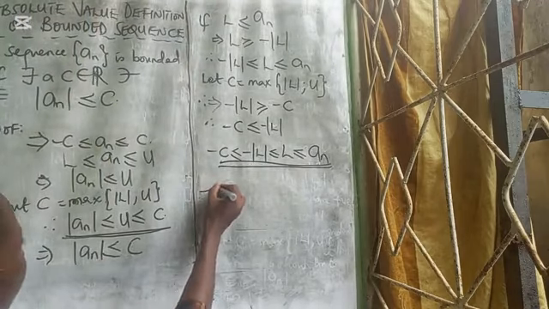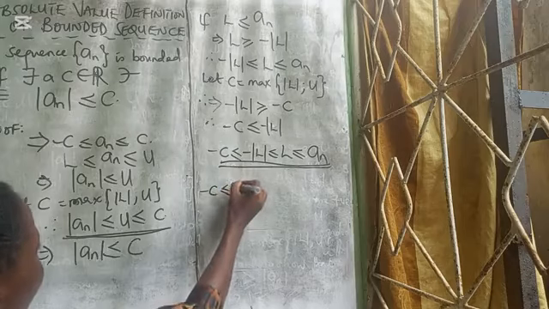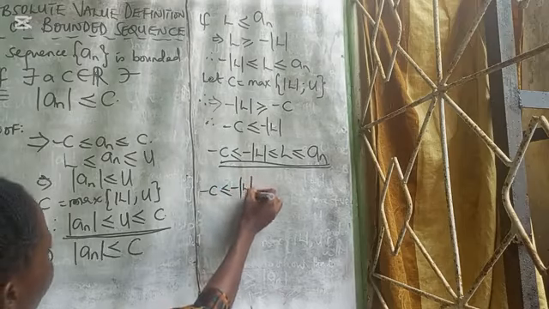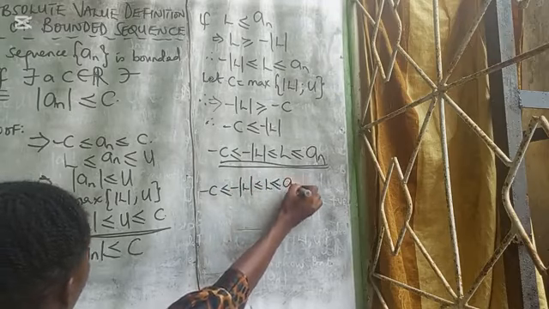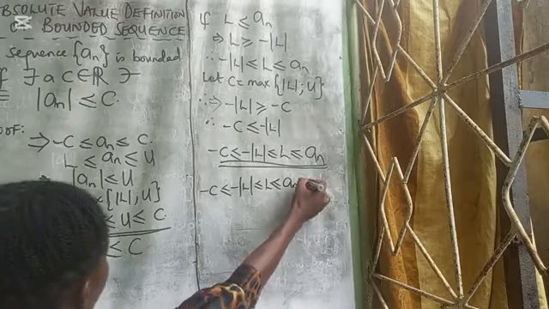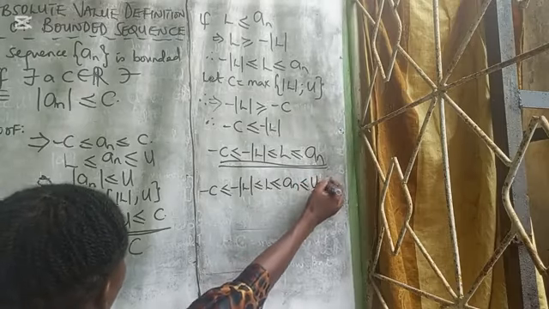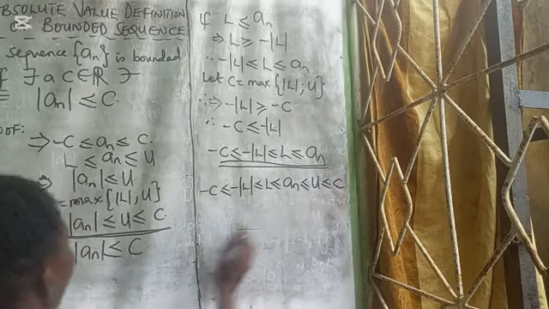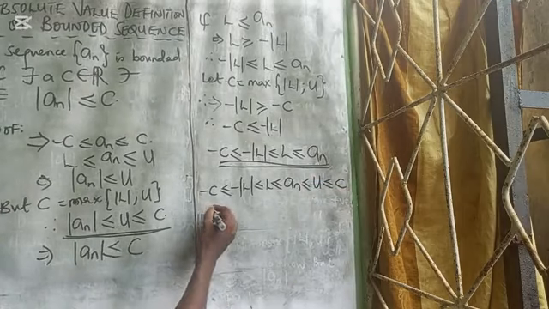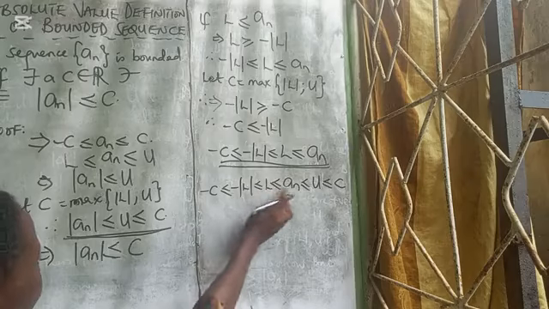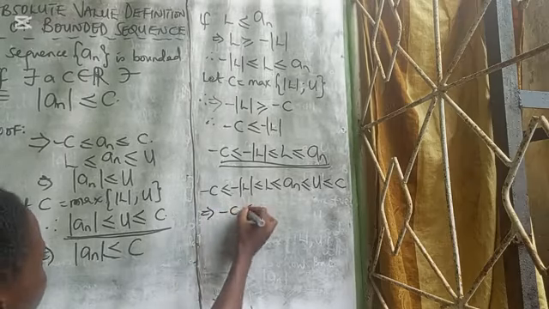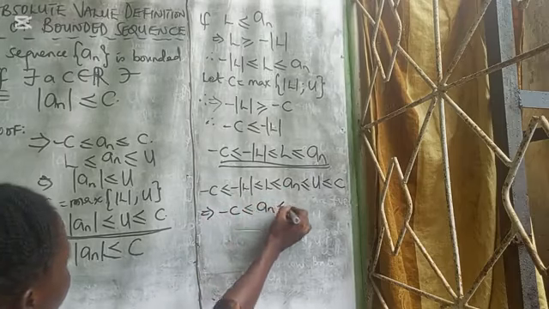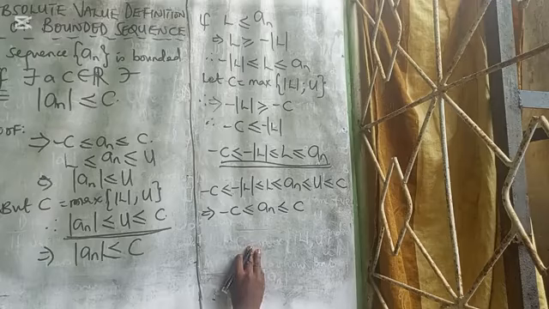It gives us minus C less than or equal to minus the absolute value of L, less than or equal to L, less than or equal to A sub n, and our A sub n is less than or equal to U, which is less than or equal to C. And we can do away with all the other things inside and leave the C. This leaves us with what? Minus C less than or equal to A sub n less than or equal to C.